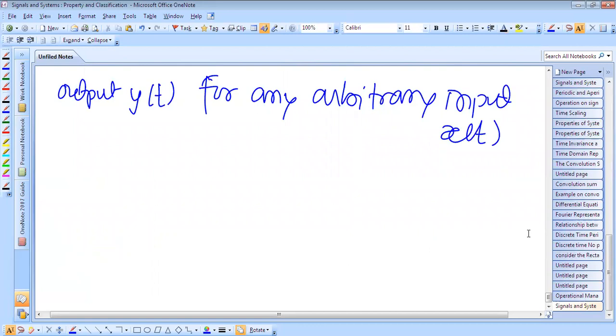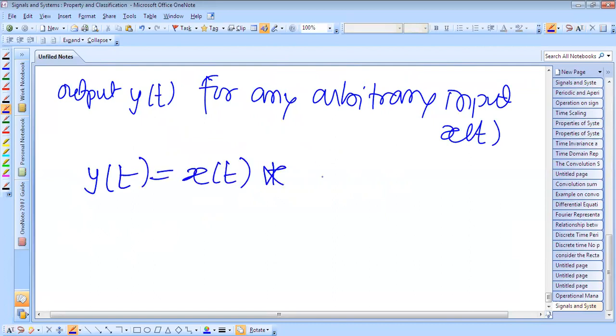So this is the shifting property, and therefore the impulse response h of t completely determines the output y of t for any arbitrary input x of t. Therefore we can write here y of t is equal to x of t convolved with h of t.